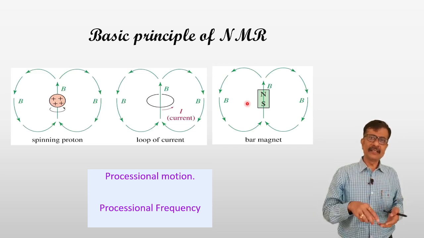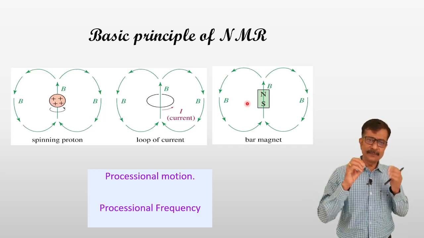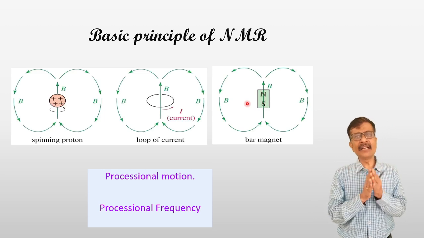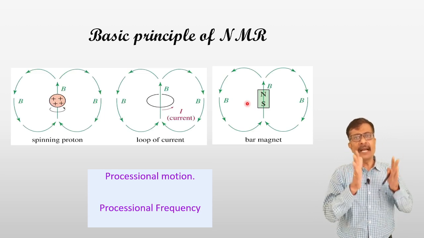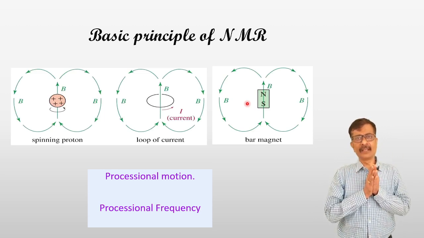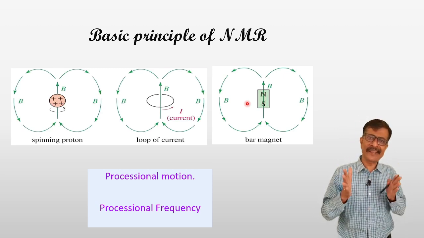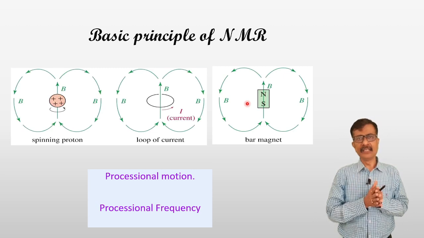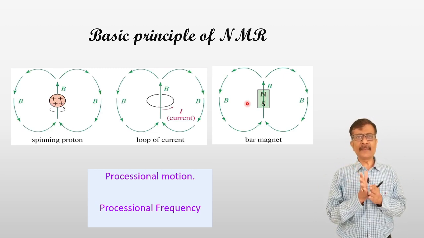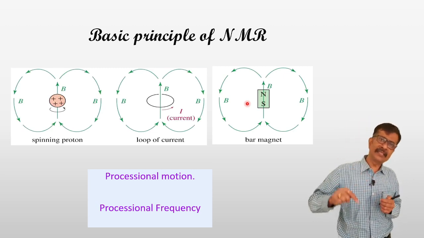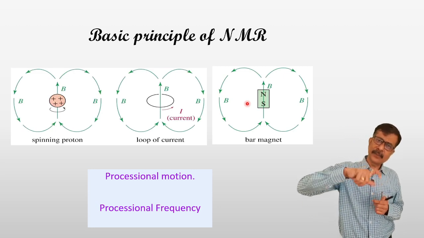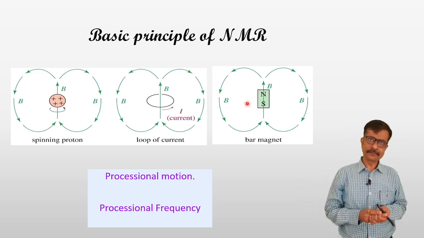The precessional frequency is governed by the strength of the applied magnetic field. The precessional frequency is directly proportional to the strength of the applied magnetic field. If we increase the applied magnetic field, the precessional frequency will increase, because the spinning frequency will also increase.